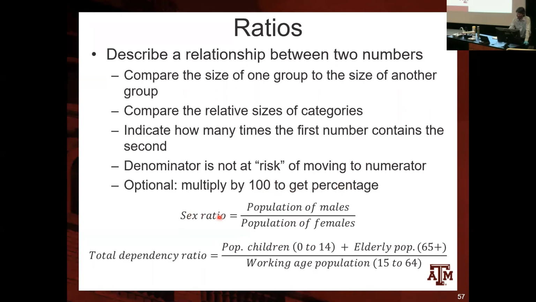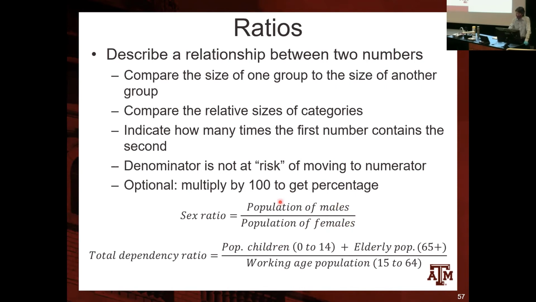So, sex ratio. We get data from a specific census, and people classify themselves in a specific year in a specific population as male or female. So I get the total population of males in that population, that specific year, and divide by the population of females. This population of females is not at risk of moving to the numerator, right?